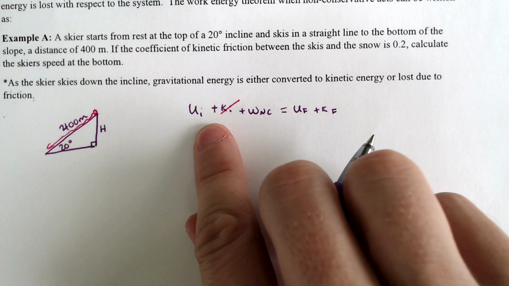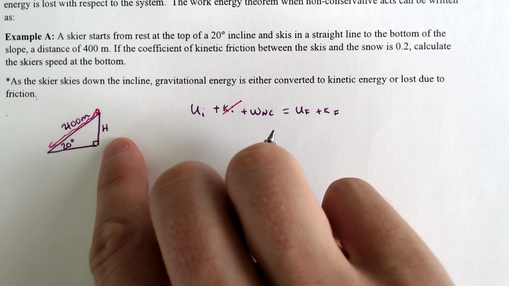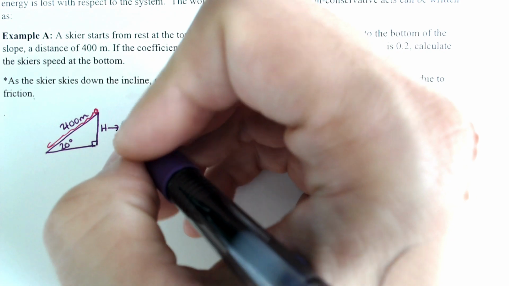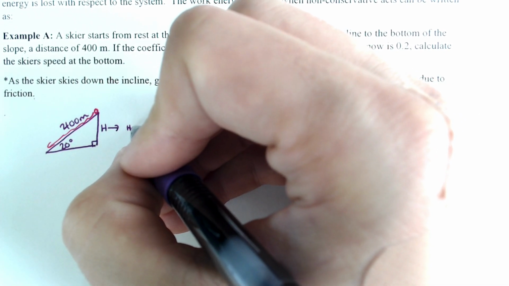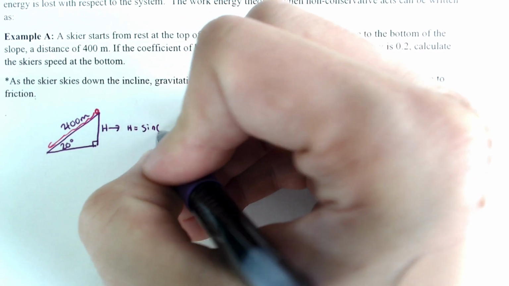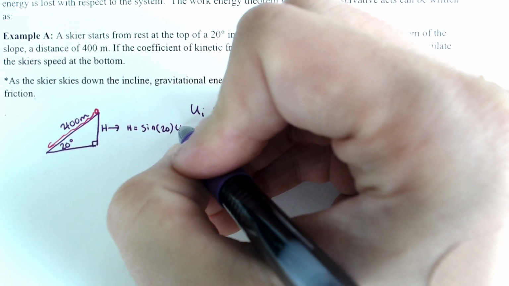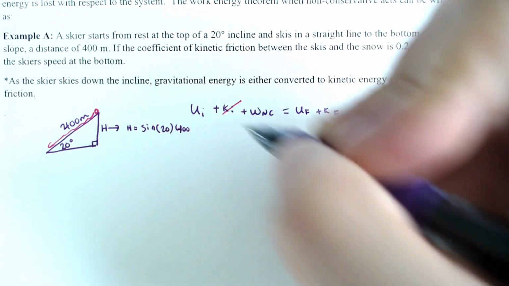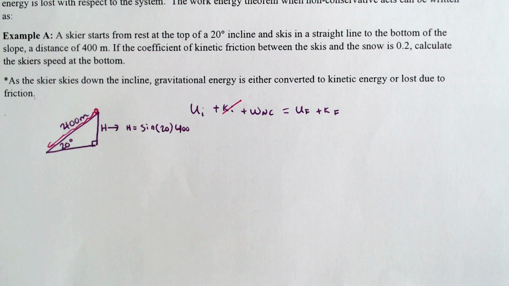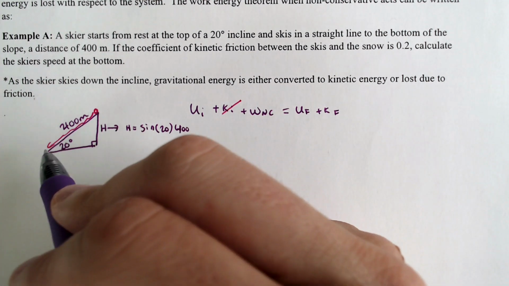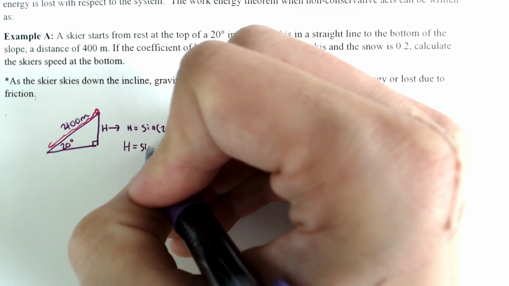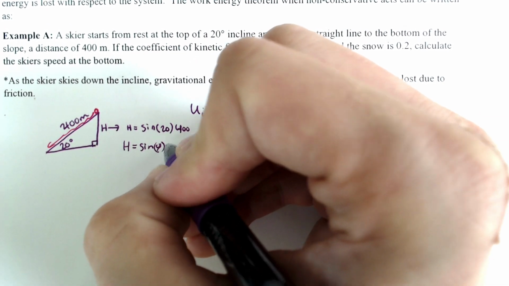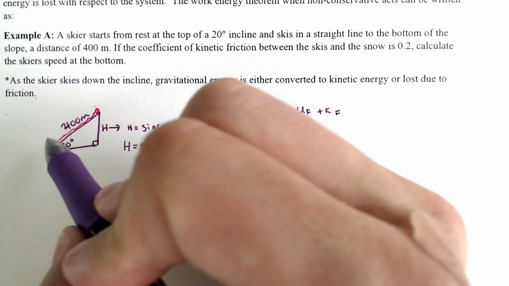The UI, that would be the height of this slope, and the height of this slope would be the opposite over hypotenuse with sine, and that would be h equals sine of 20 times 400, essentially. Okay? You could also think of it as the distance that they traveled. You could say sine 20 times d, or you could also think of h as sine of theta times the distance that you would have to travel on the actual slope.